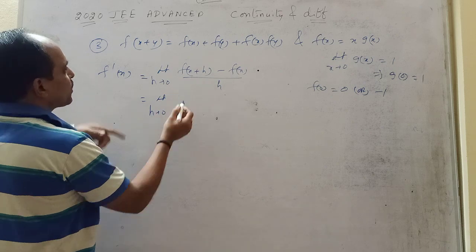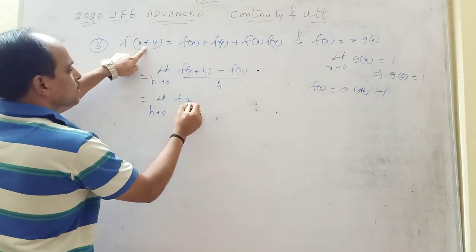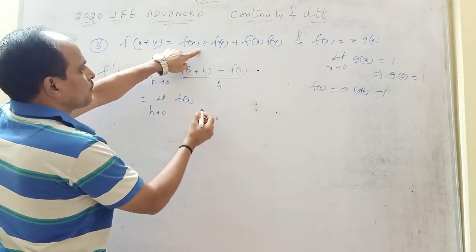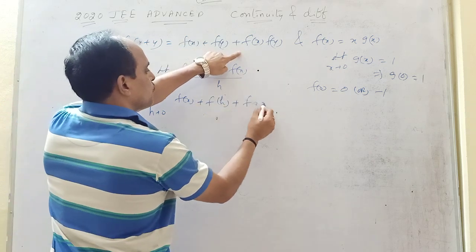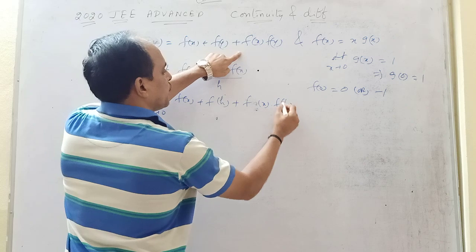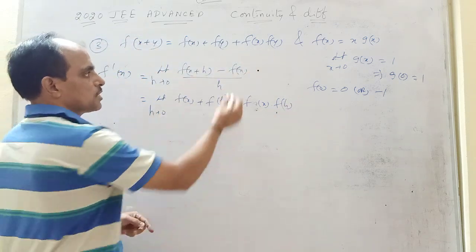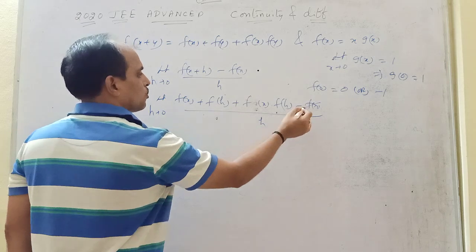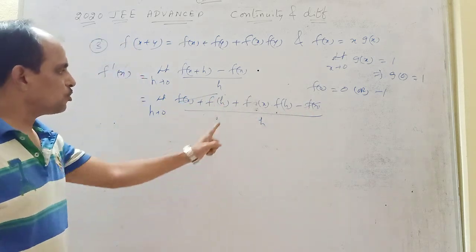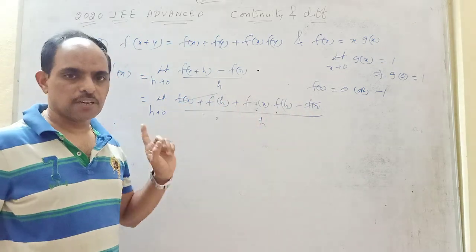Now limit as h tends to 0. What can we write? f(x + h) is f(x) plus f(h) plus f(x) into f(h). So this is all f(x + h) minus f(x) by h. Now f(x) will be cancelled. So you can take f(h) common.